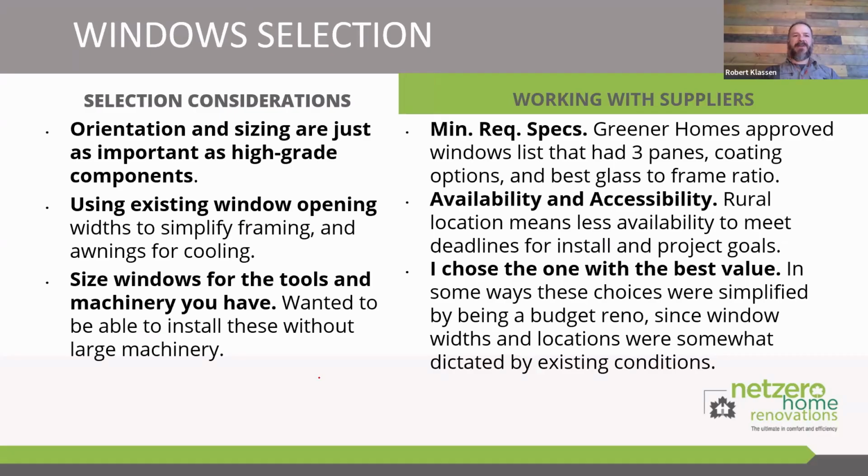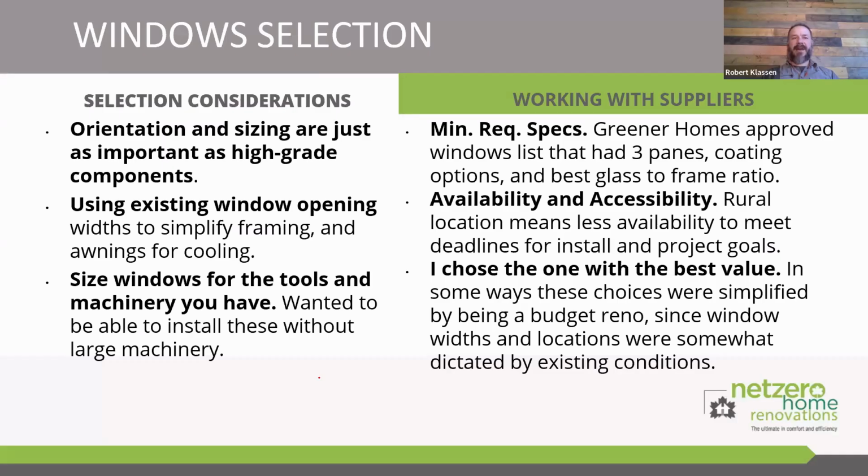Some things to mention about this, and I'll get Chelsah to chime in wherever it makes sense here, because she was involved in the process as well of making the best window selection. One thing that was obvious was that for my particular application, it made a big difference for sizing and for window selection whether the window was south facing or on one of the other walls, and what sort of overhangs we had.